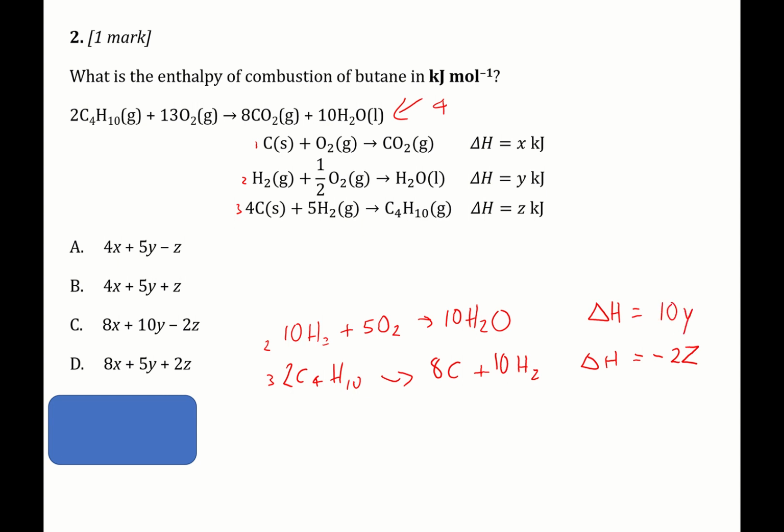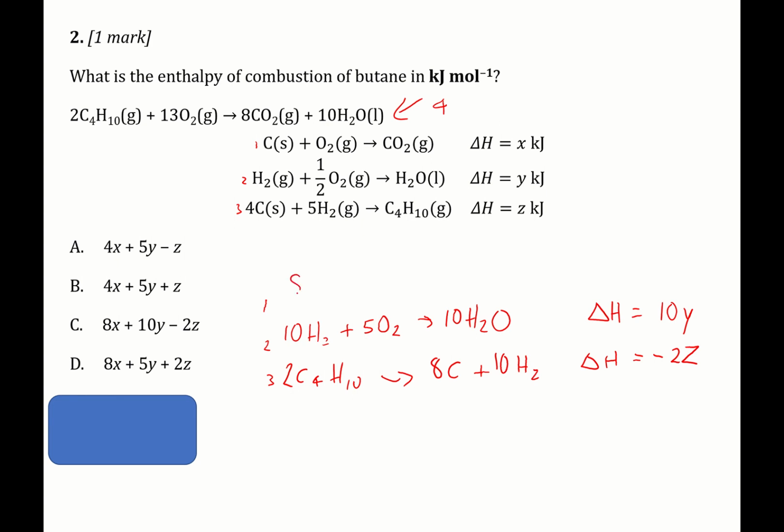Y. Okay, last but not least, number 1, let's see what we have in common here. Again, we need carbon dioxide, which is on the product side. We don't need to flip this equation, but we have 1 mole in the products, and in the equation for the combustion we have 8, so we need to multiply by 8.